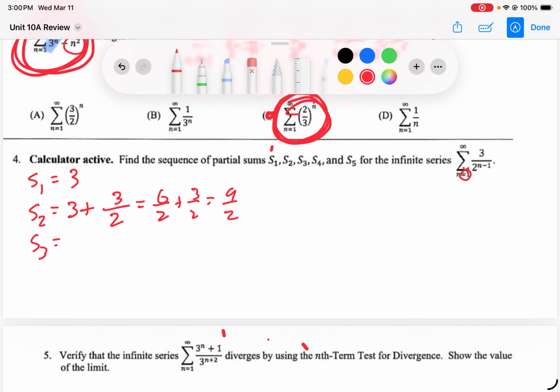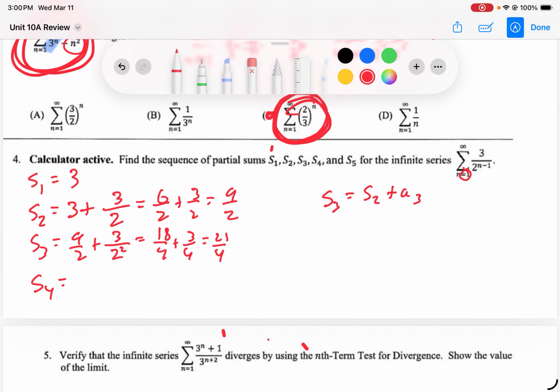The third partial sum would be the second partial sum, 9 over 2, plus the next term in the sequence. So S3 would be given by doing S2 plus a sub 3. So S sub 2 was 9 over 2, plus the next term in the sequence, which is going to be 3 over 2 squared. So this is going to be equal, get a common denominator of 4, so 18 fourths plus 3 fourths, so 21 fourths.